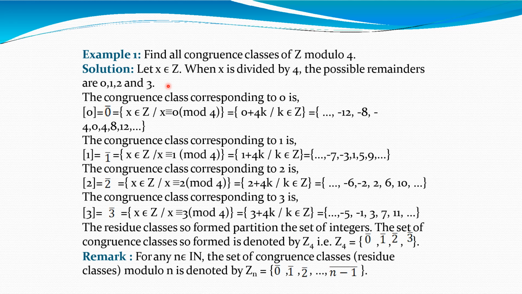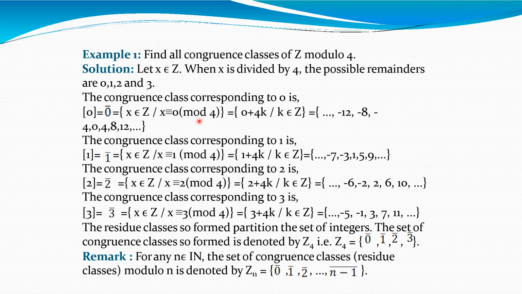So for these values only we decide the congruence classes or equivalence classes, because for remaining elements we get identical equivalence classes. Now to find the congruence class corresponding to 0, by previous part, congruence class of 0, which is 0 bar, is equal to x in Z such that x is congruent to 0 modulo 4. That means 4 divides x. So x is equal to 0 plus 4k, where k is an integer.